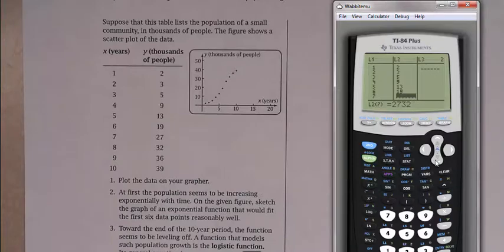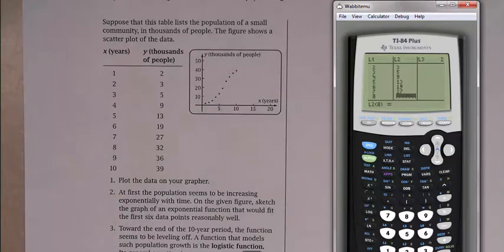My calculator is not as easy to work with as yours, so I'm messing up quite a bit here.